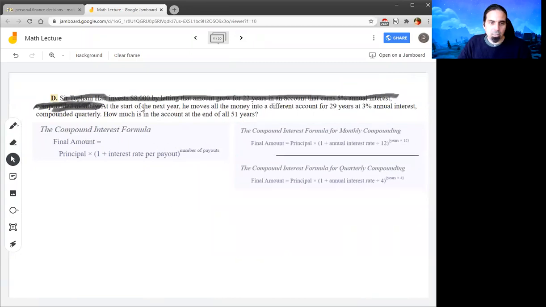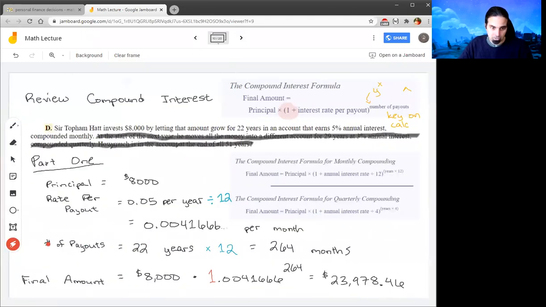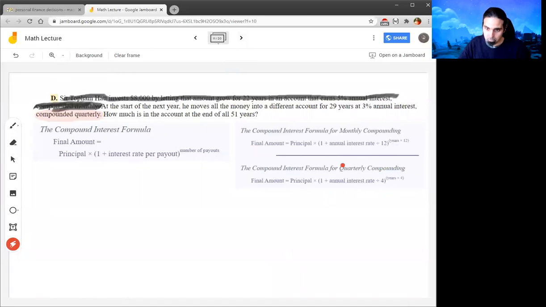So whichever way you're thinking about it, now we are on compounding quarterly. If you are working things out on paper, we'll have a divided by 4 and a times 4. If you're using the compounded quarterly equation, then it reminds you right there, you have a divided by 4 and a times 4.